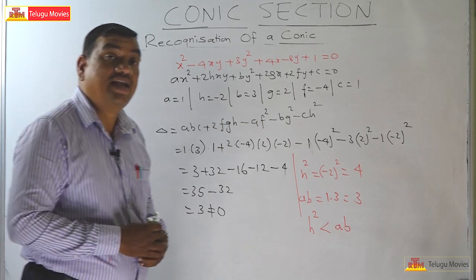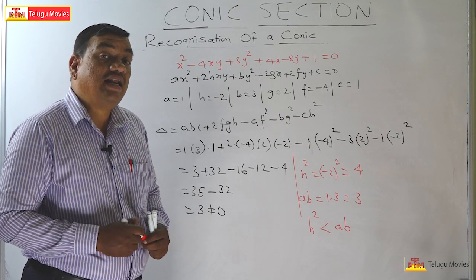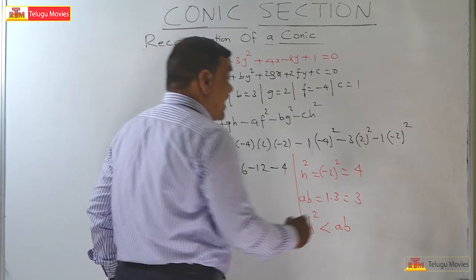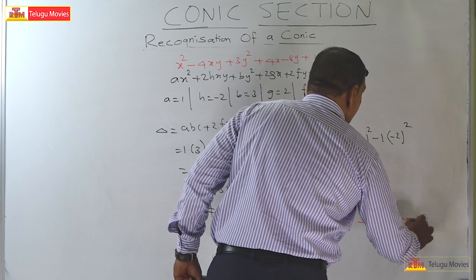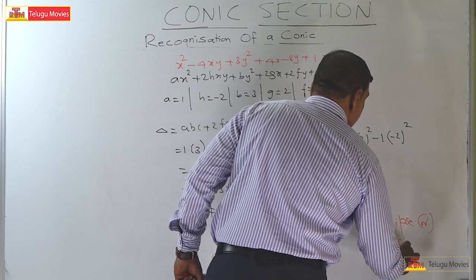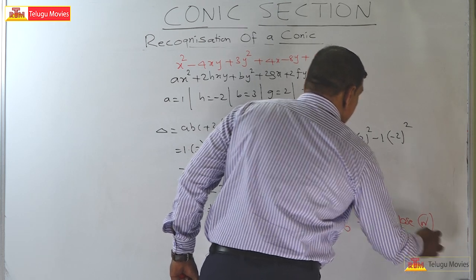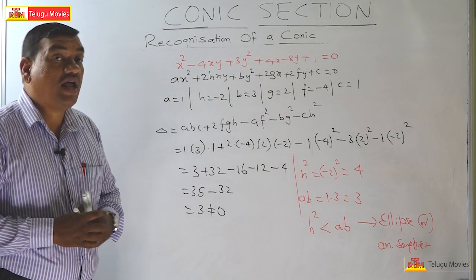When H square is less than AB, the conic is an ellipse or an empty set.